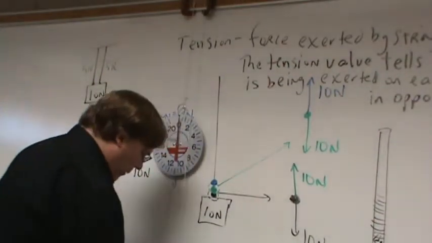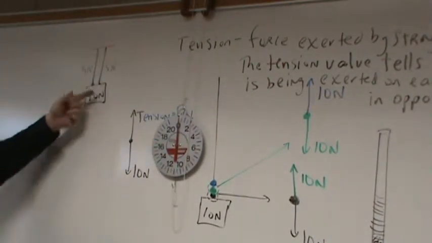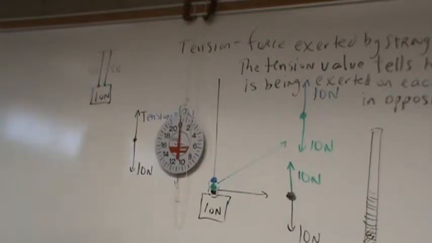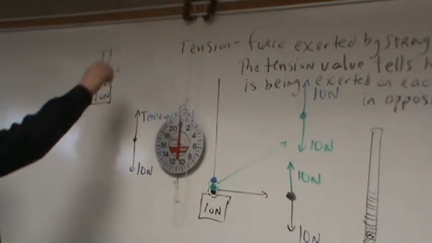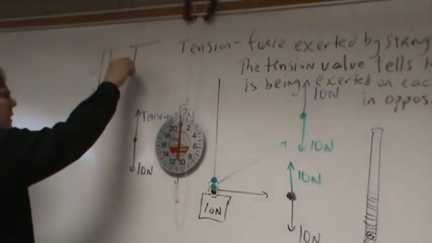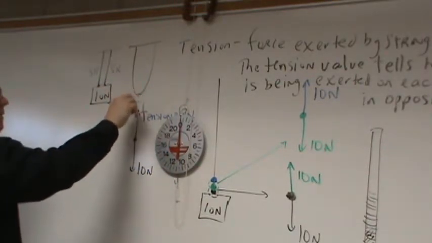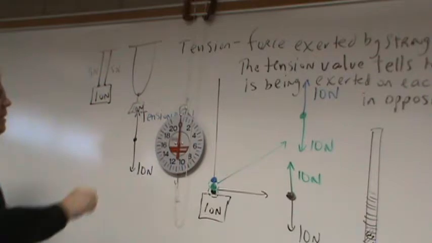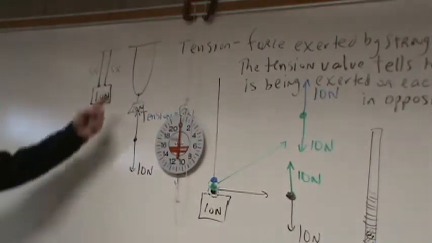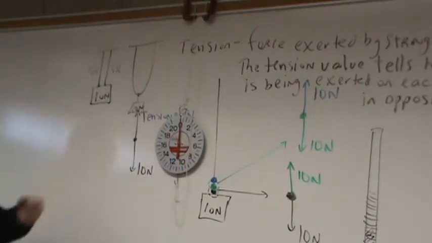That is, I don't have two separate and distinct strings, which are obviously each going to exert 5 newtons to hold up that 10 newton weight. Instead, I just have one continuous piece of string, and then I hang the 10 newton weight off of that continuous piece of string. Is it still going to be 5 and 5, or is it going to be 10 and 10?